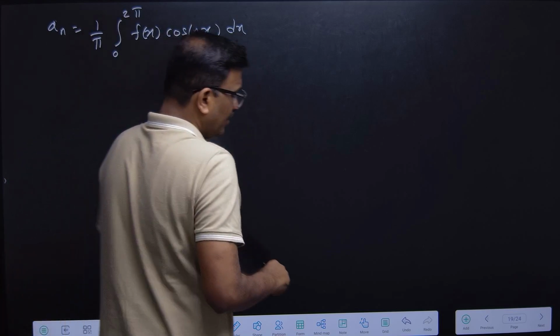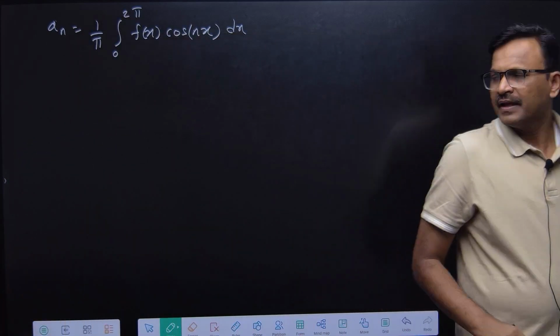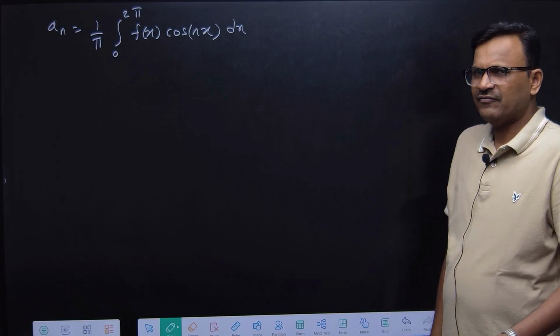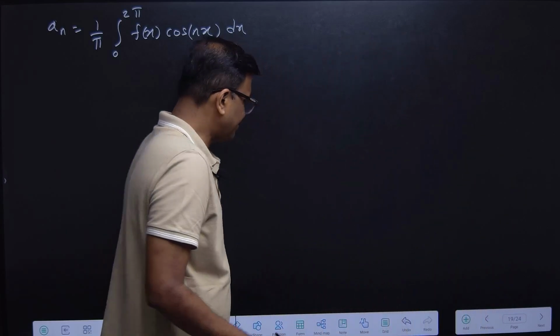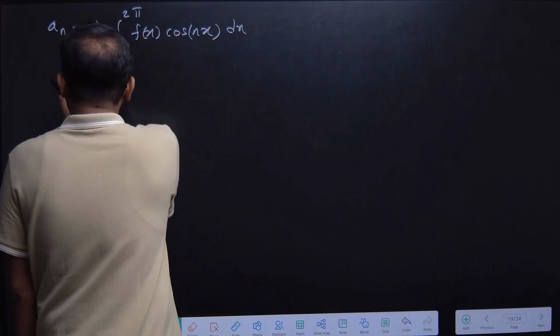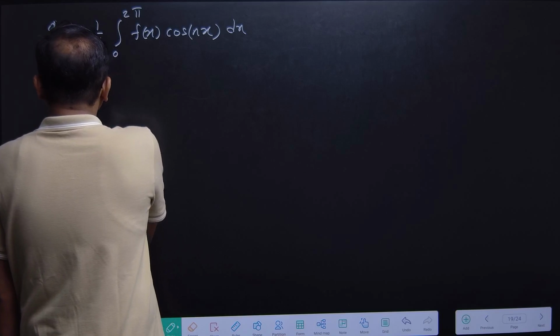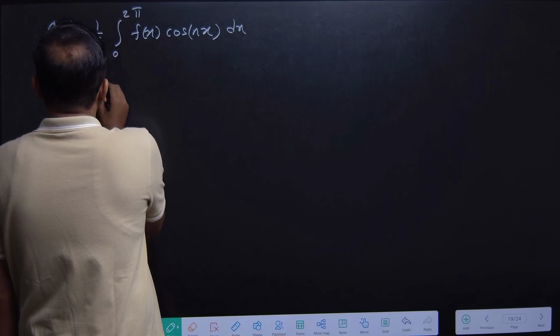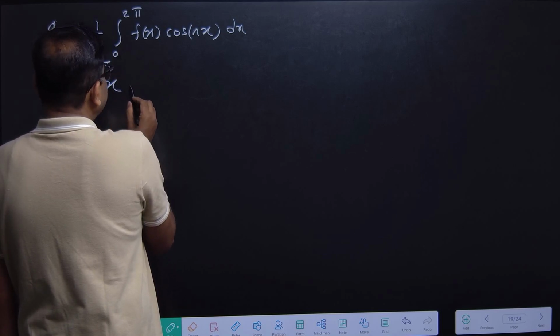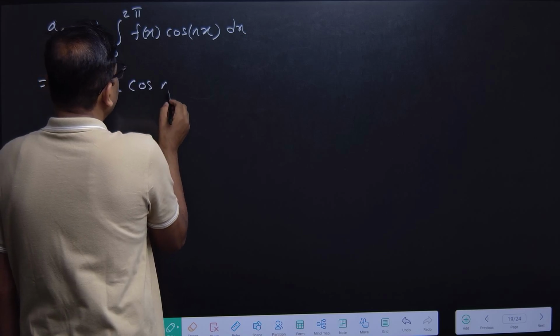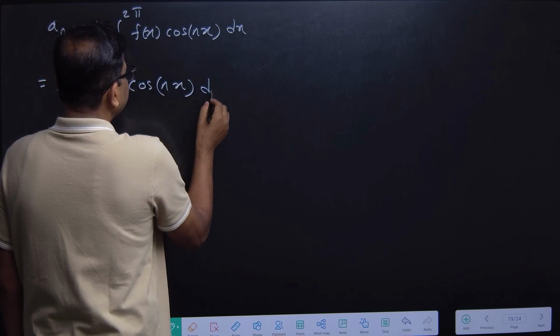We know this is the formula to find an when f of x is defined in the interval 0 to 2 pi. Again, our f of x in this problem is x. Substituting that, we'll get 1 upon pi integration with limit 0 to 2 pi, x into cos of nx dx.